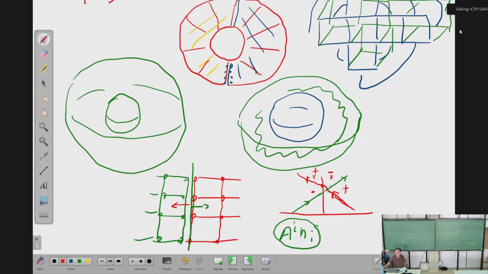And when it comes to this side, I have to give boundary conditions to the positive ones. So this is negative, I don't have to give anything.